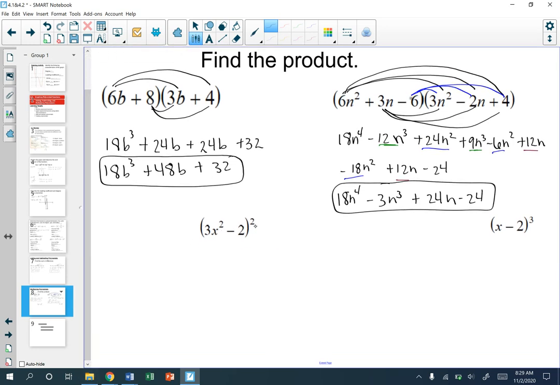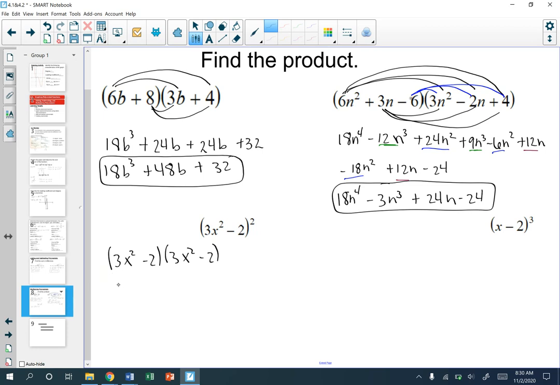Now we have to remember that when a quantity is squared, this can be written as 3x squared minus 2 times 3x squared minus 2. A lot of times students want to distribute that 2 in. We can't do that. This whole quantity is squared. So we rewrite like this, and then FOIL.